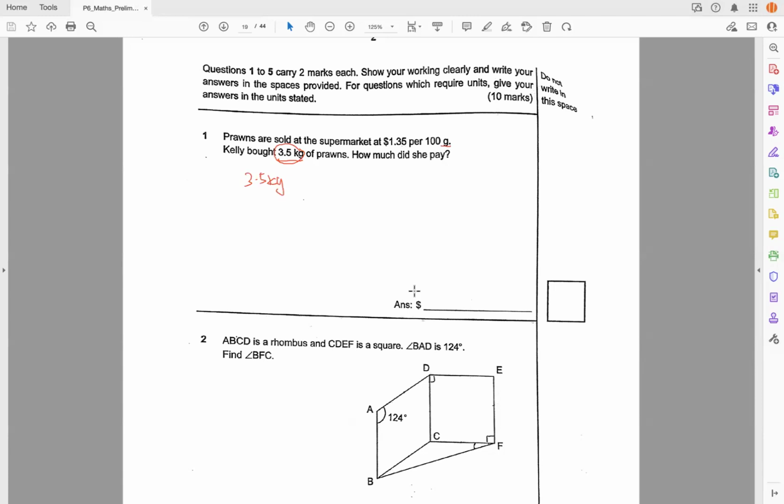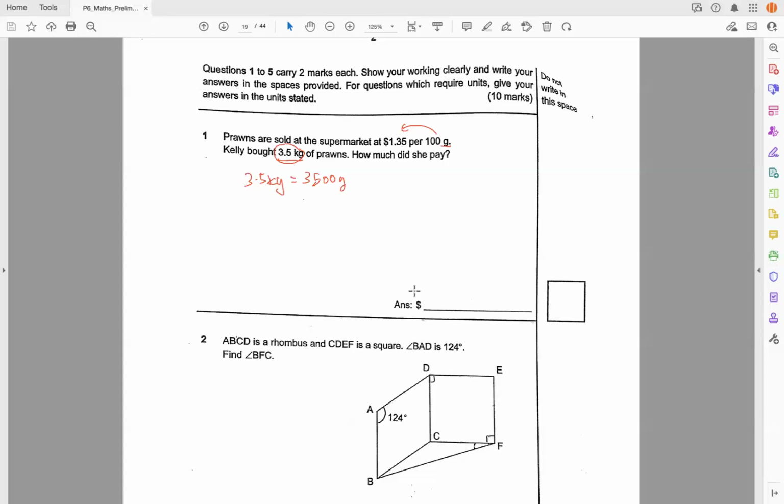So 3.5 kilogram is equal to 3,500 grams. Okay. How much did she pay? So 100 grams, you pay $1.35.